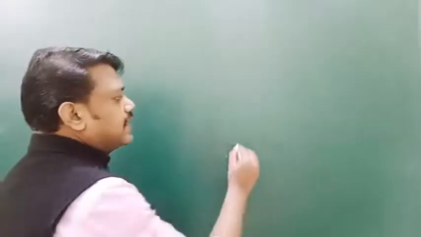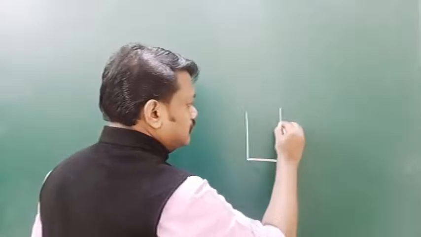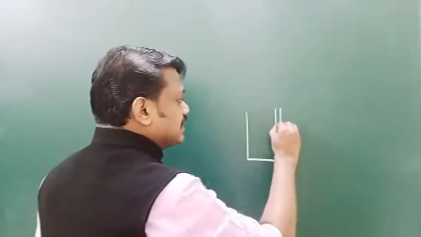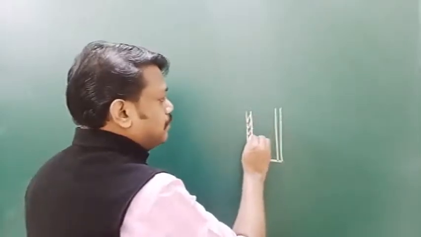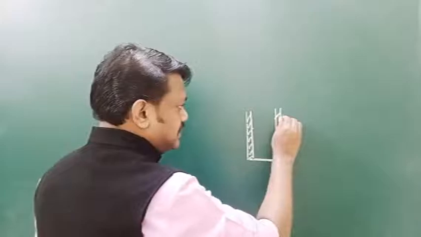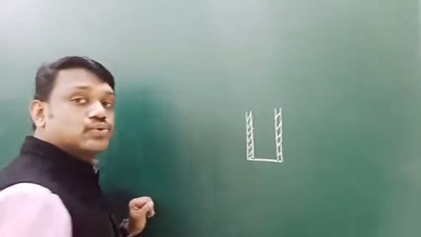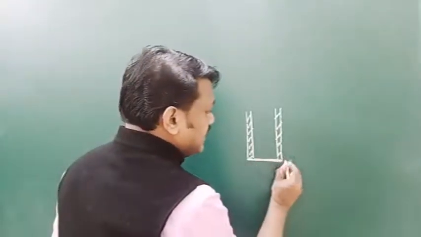Suppose you have an ideal gas taken in a cylinder. Its side walls are perfectly isolating, that means no heat transfer takes place through the side walls, and the bottom is isothermal.